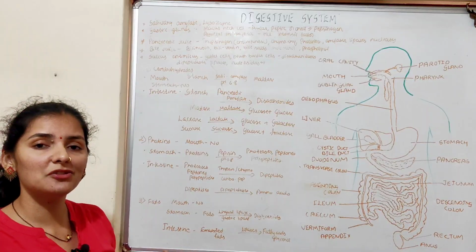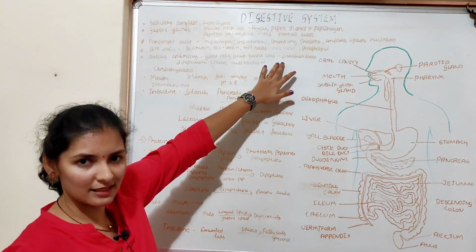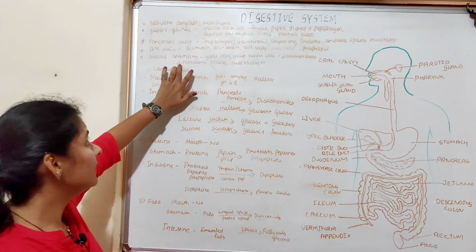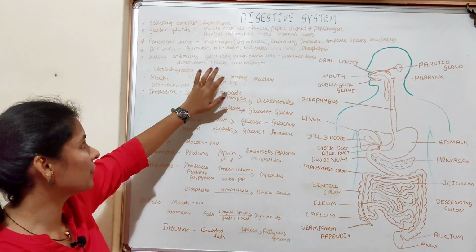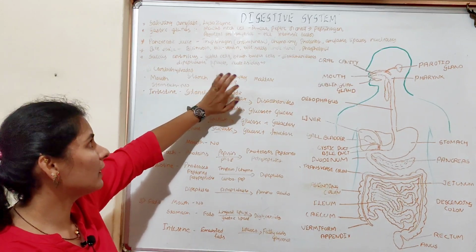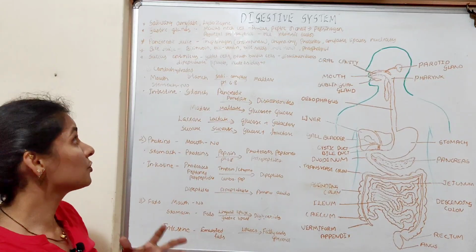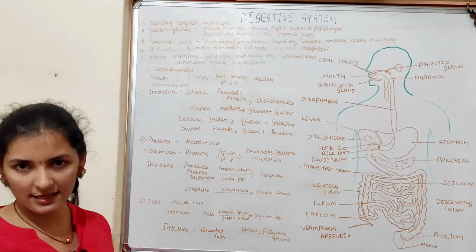And this intestinal juice consists of lots of enzymes. Disaccharidases, as the name indicates, help in the digestion of disaccharides, that is carbohydrate. Dipeptidases, as the name indicates, help in the digestion of dipeptides, that is protein. Lipases help in the digestion of lipids. Nucleosidases help in the digestion of nucleosides. So these are the contents of pancreatic juice, bile juice and the succus entericus.